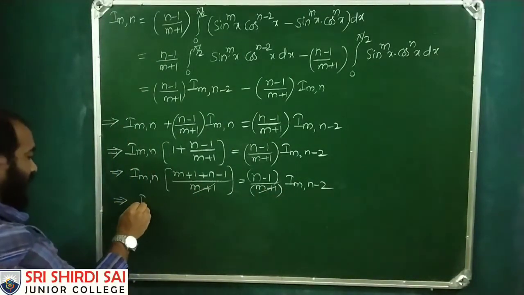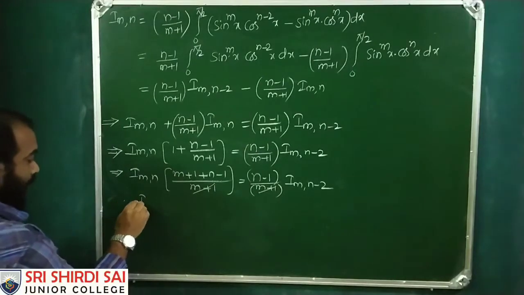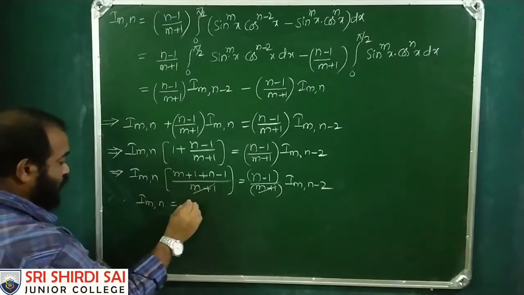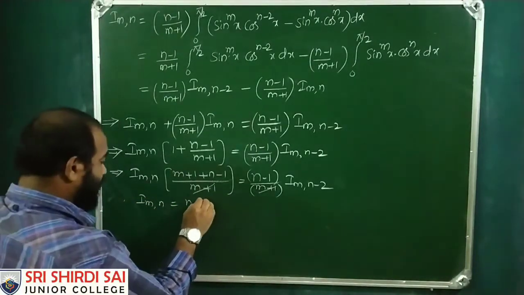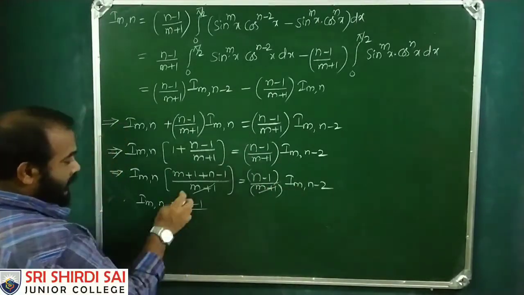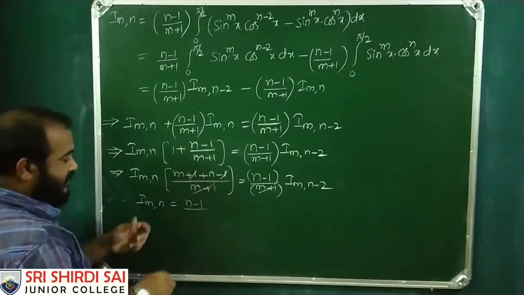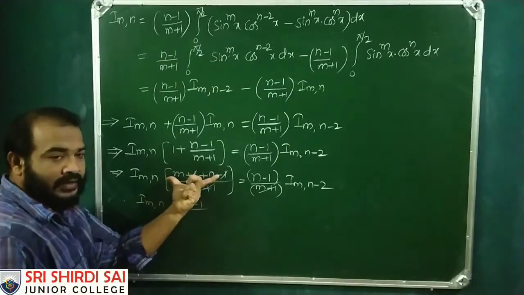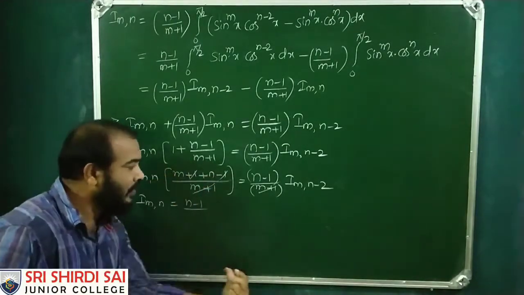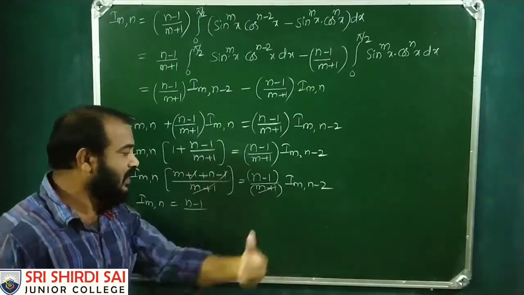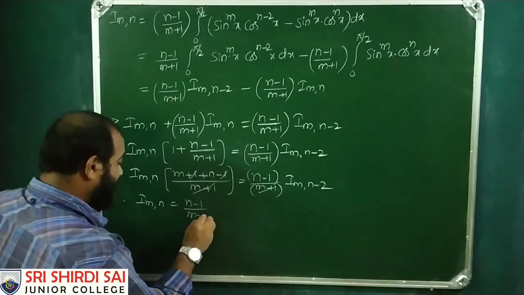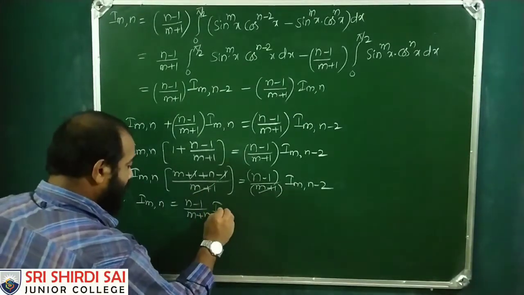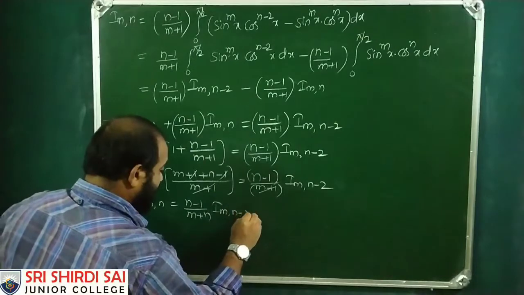Therefore I(m,n) = (n-1)/(m+n) I(m,n-2), since m+n is getting multiplied, if you transpose it, it will be dividing.